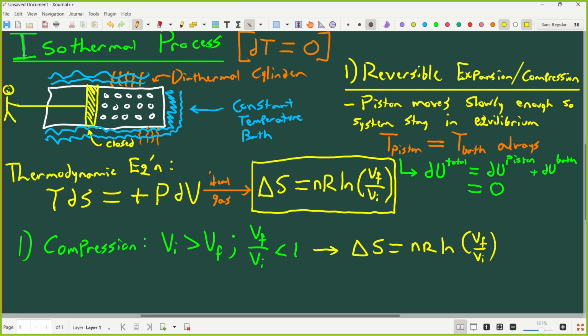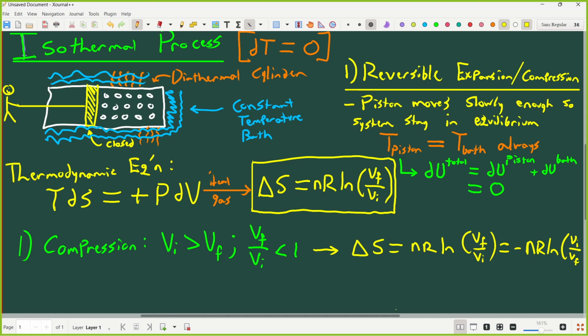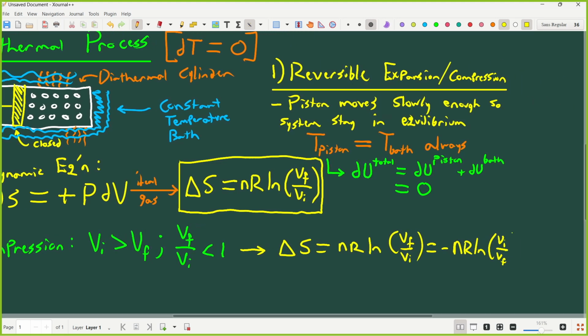Since VI is greater than VF, what I can do is factor out a -1 and get minus nR log of VI over VF. That's just a classic log identity. I'm just factoring out an exponent of -1 and flipping the sign.